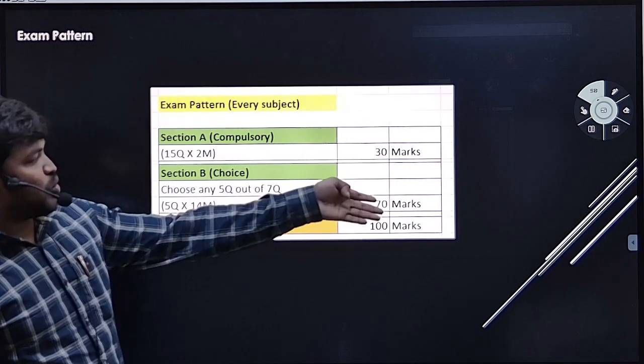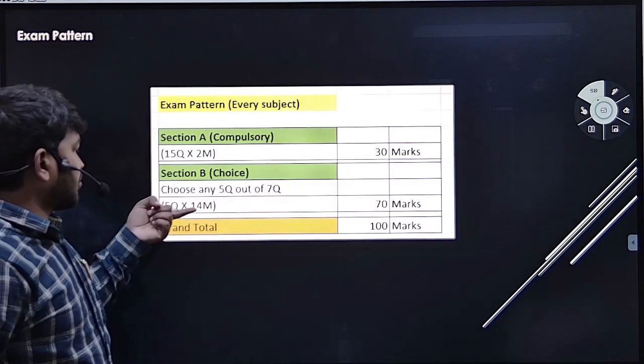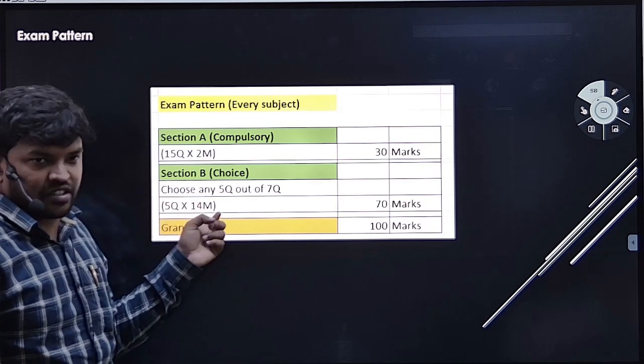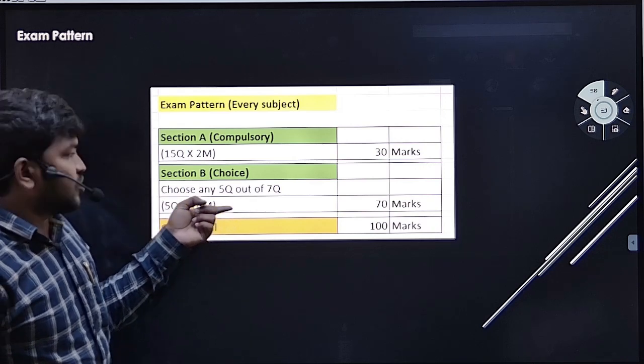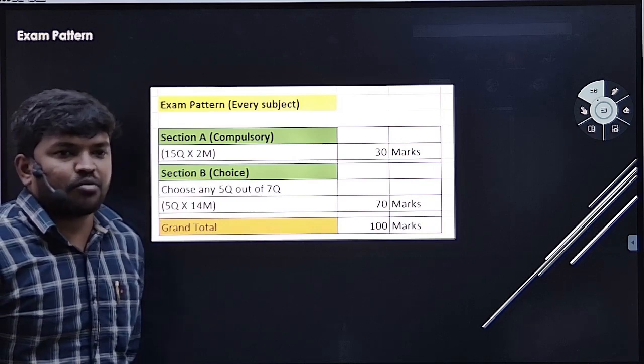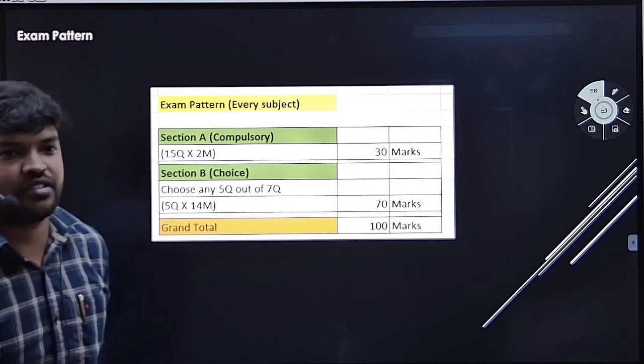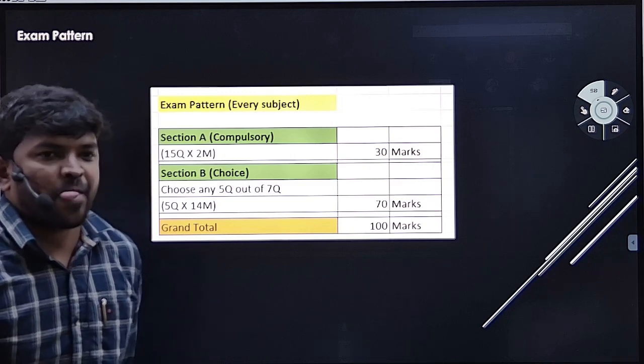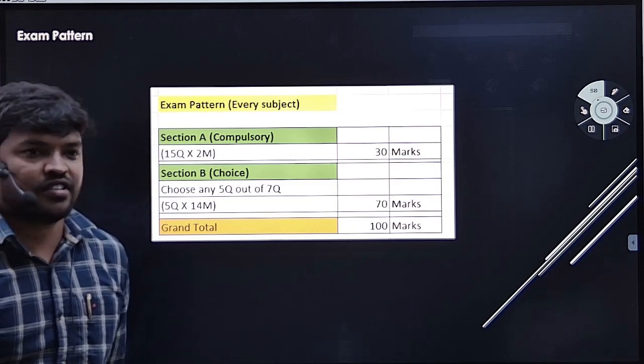So what is the total paper for? 5 questions is for 14 marks. So including choice, how many marks is the paper given for?